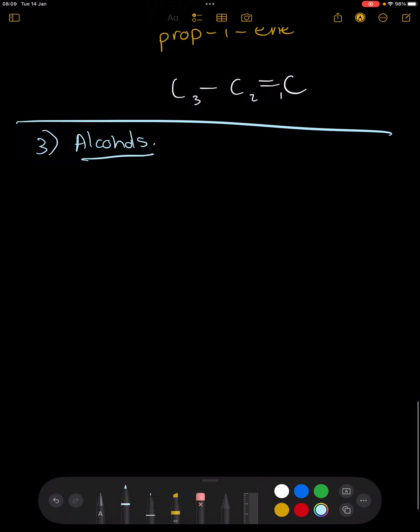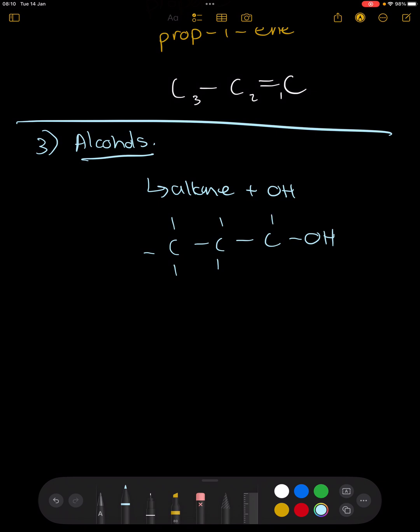So an alcohol is basically an alkane that's bonded with a hydroxyl group. Right, so if we, for example, have this, okay, so this is an alcohol, so an alcohol always ends on anol.